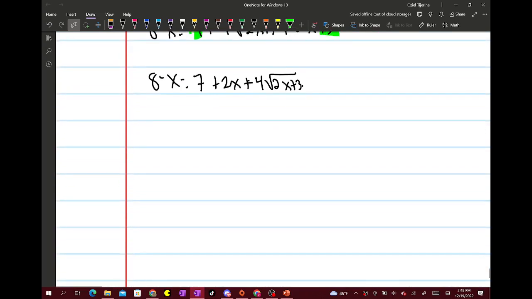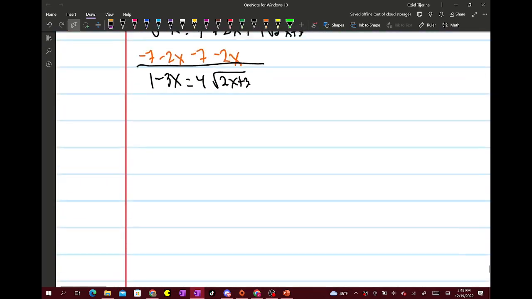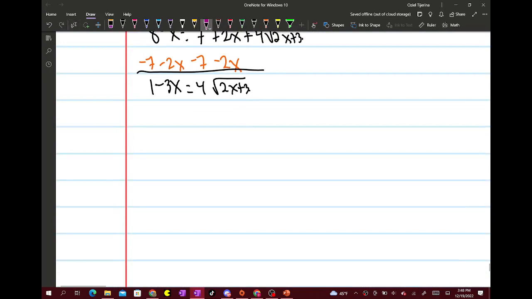Now, you're going to go ahead and subtract 7 and 2x from both sides. This would give you 1 minus 3x equals 4 square root of 2x plus 3. So you would go ahead and divide both sides by 4, and you would have 1 minus 3x all over 4 is equal to the square root of 2x plus 3.